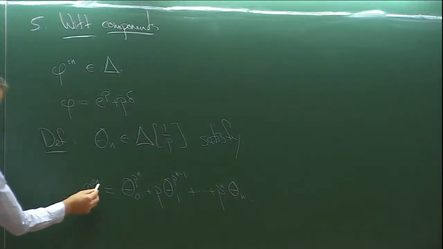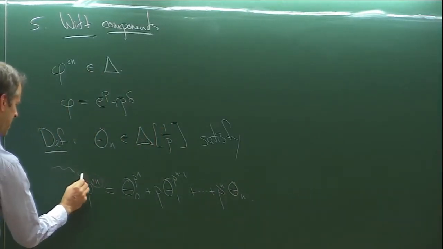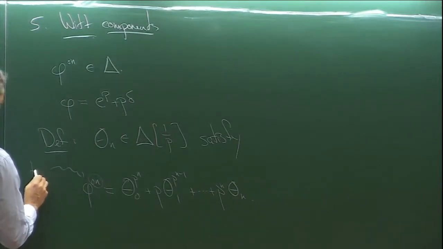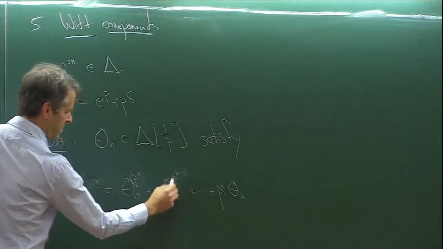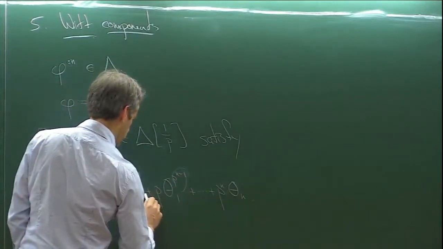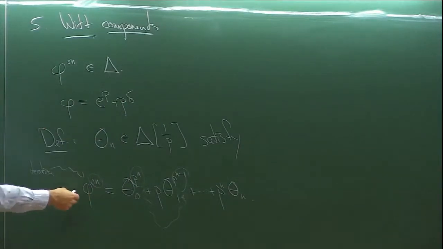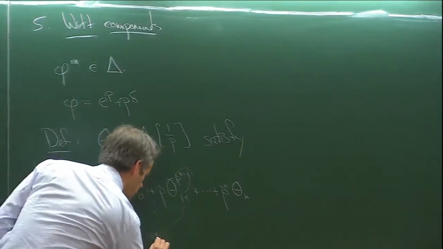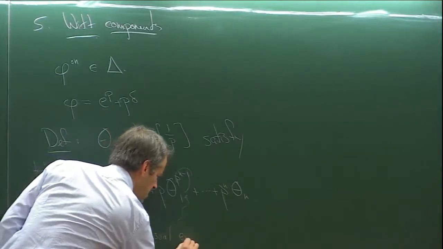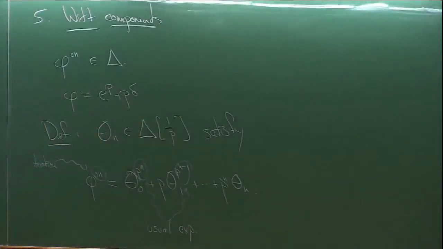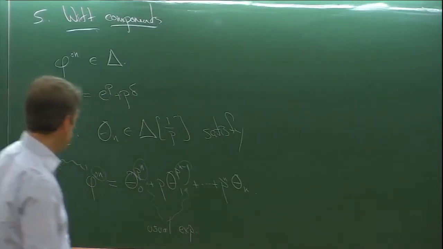I want to emphasize that this exponentiation here is iteration, whereas these exponents here are just usual exponentiation. So if you like, this corresponds to composition of operators, and this is pointwise exponentiation of operators. So you shouldn't confuse them.